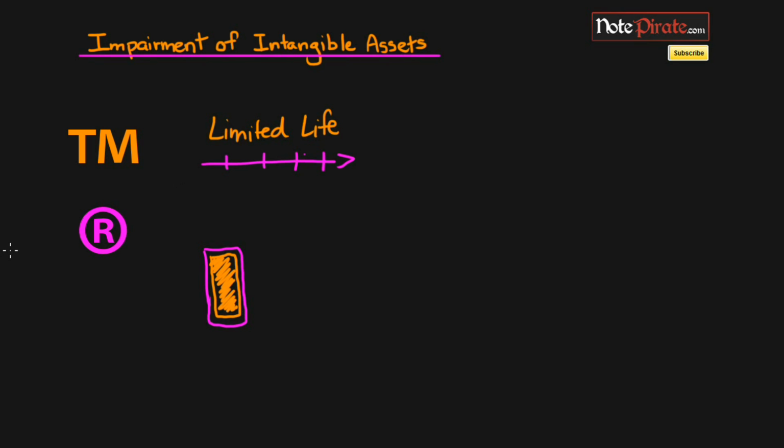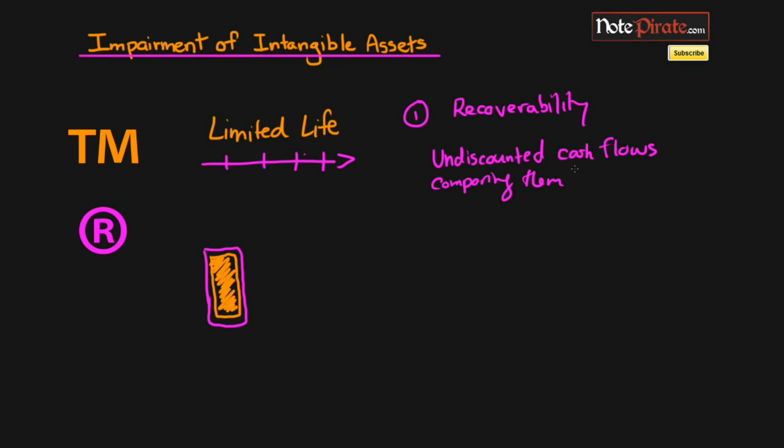Before we talk about the numbers, the first thing we have to do is conduct a recoverability test. A recoverability test looks at the undiscounted cash flows and compares them to the carrying value.